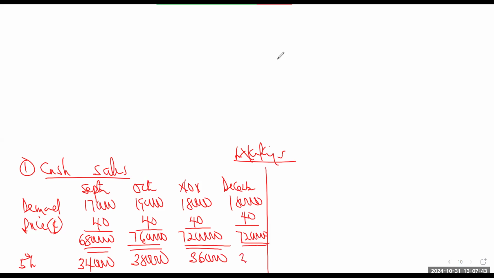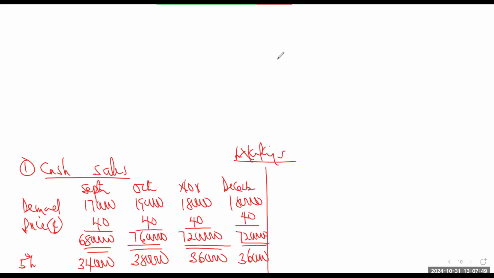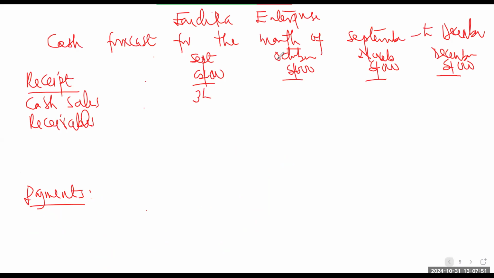This will also be 360. So our cash sales will be 340, 380, 380, 360, 360, and 360. So can we do the remaining 95% at once?